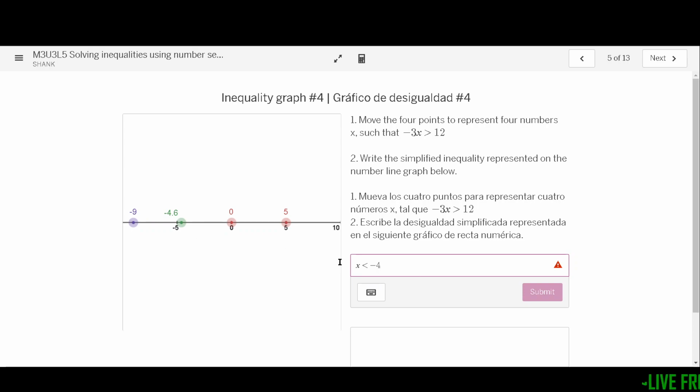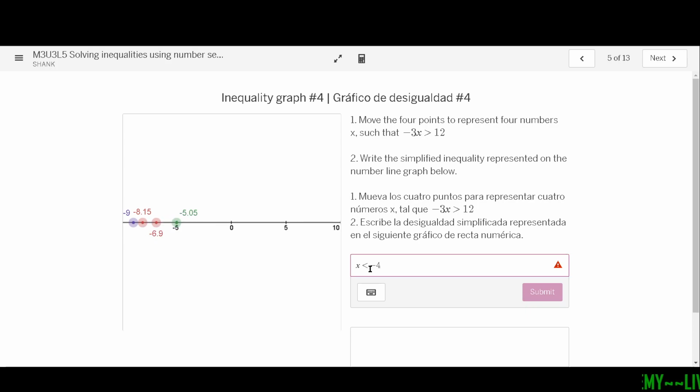So I have to have values strictly less than -4. So I have to have things that are below -4, and 0 is not a solution, so I know it can't be that. So I can put some numbers down and below there. Again, let me actually put one on -5, so that way it's a little bit more spread out.